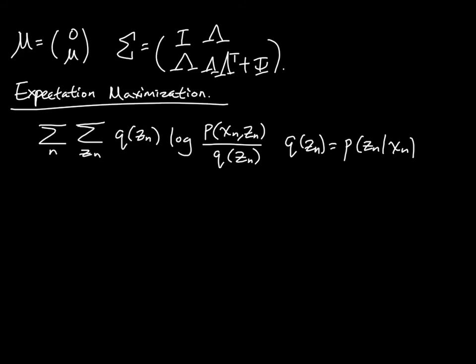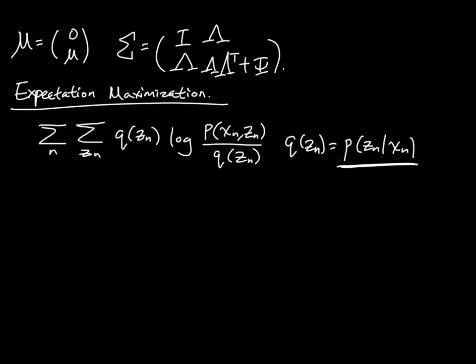Computing this p of zn given xn right now is actually very difficult. However, we just talked about one thing that I didn't prove, where you can find the conditional Gaussian given the original parameters. So what is the conditional Gaussian?